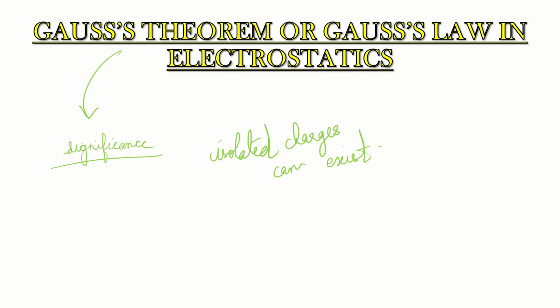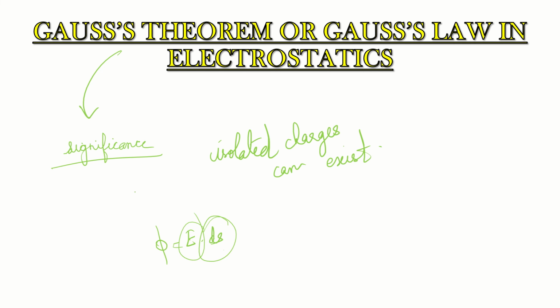So, once again, Gauss's theorem states that the total normal electric flux passing through any closed surface is 1 by epsilon naught times the net charge enclosed by the surface, and we are representing it using phi, which is Q by epsilon naught. And in the last class we represented phi using E dot ds, right? So here, in order to use this equation, area should be given, electric field should be given, all those should be given in order to find the flux.